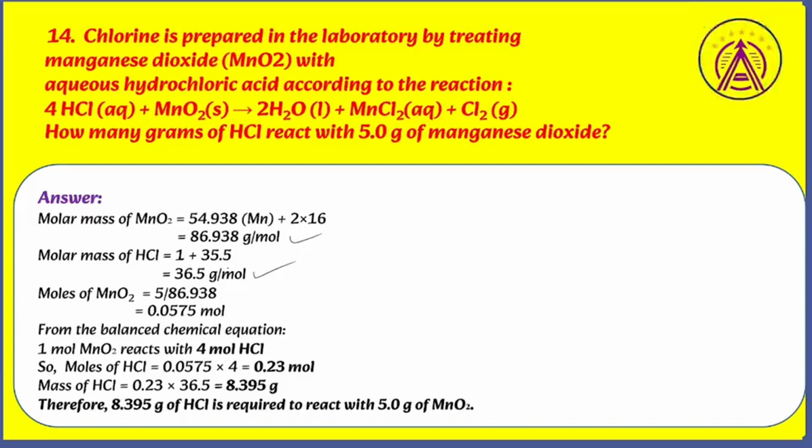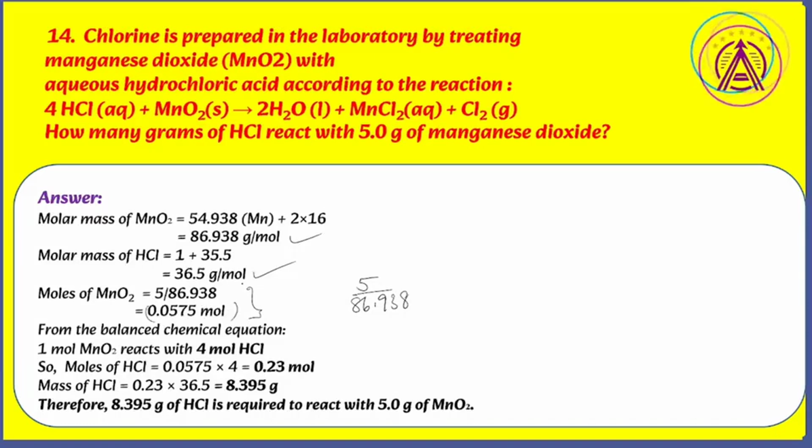Now we see the moles of manganese dioxide. If we know the molar mass and the mass of manganese dioxide, dividing the given mass by the molar mass gives us the number of moles, which is 0.0575 moles.